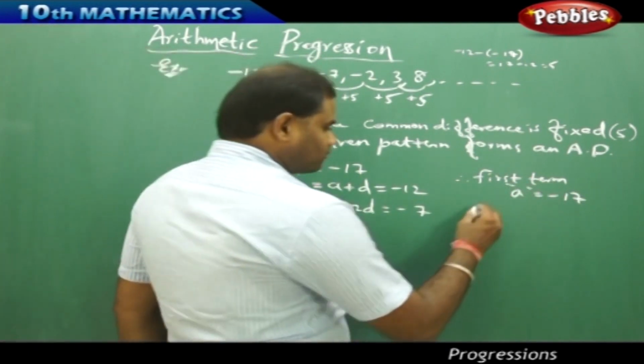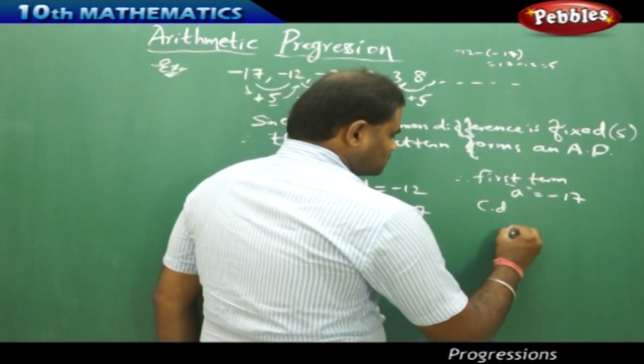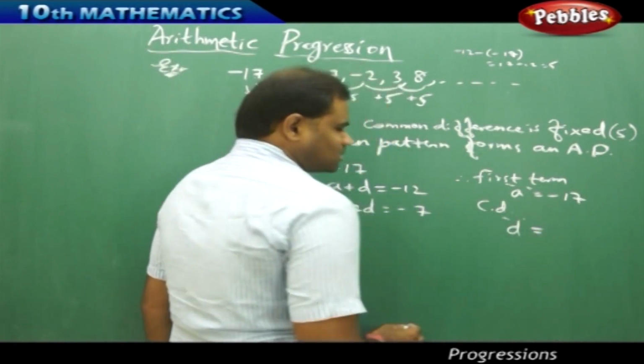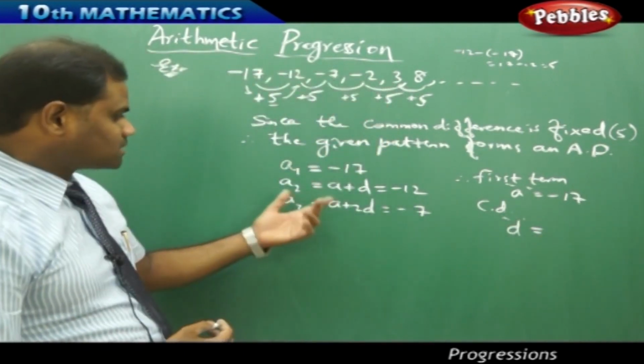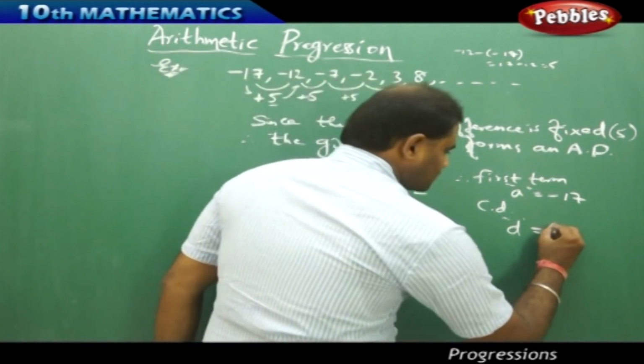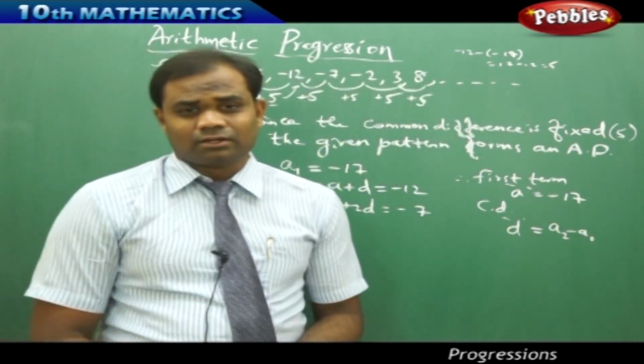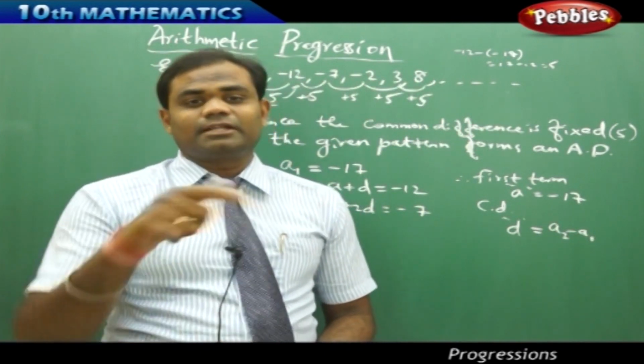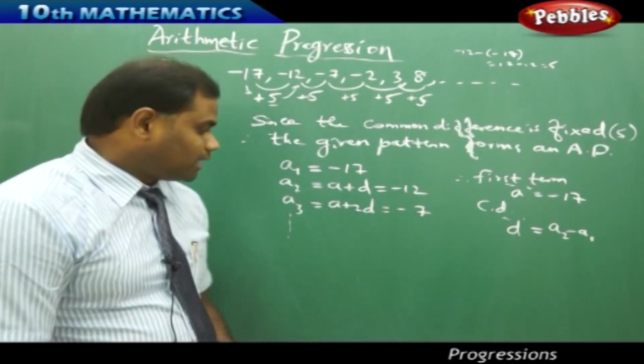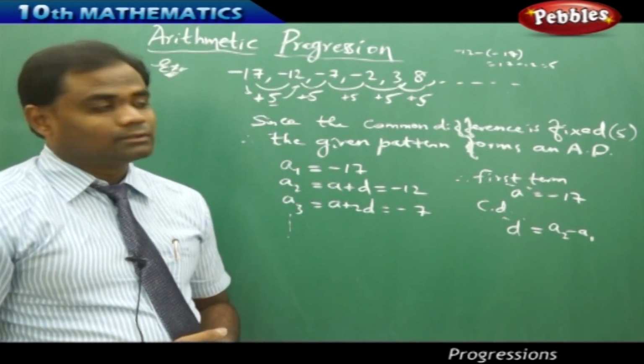And the common difference d is nothing but the term minus the previous term. Therefore I can take a2 minus a1, or a7 minus a6, or a99 minus a98, or an minus an minus 1.